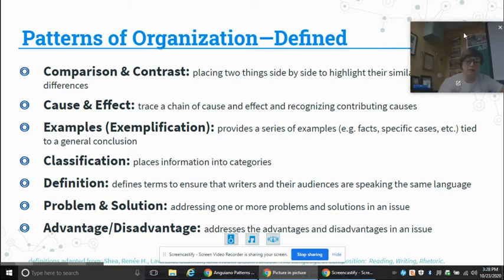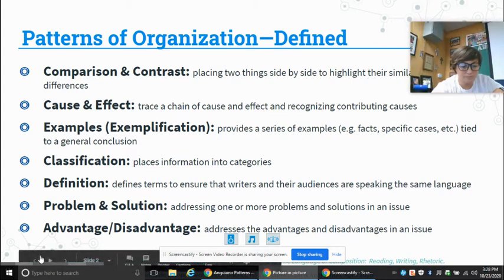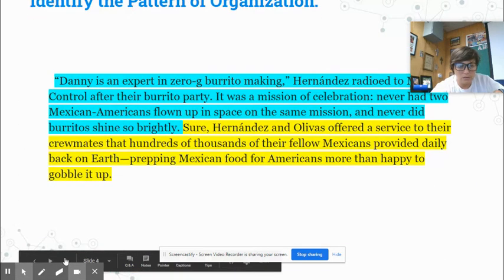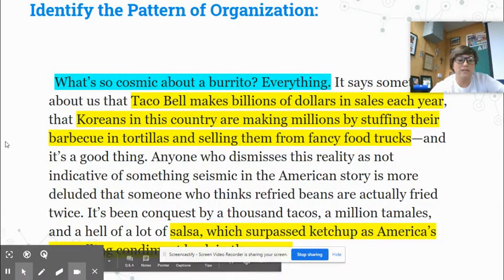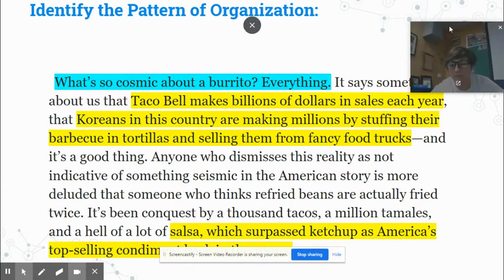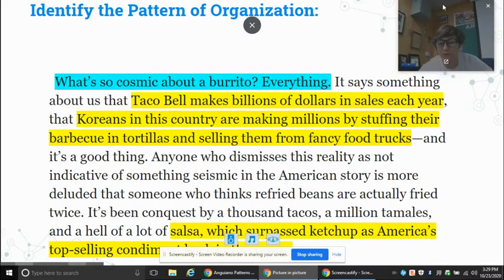So let's look at our first paragraph. Okay, so this is the first paragraph that we are going to be looking at, and let me move me up a little bit so I'm not in the way.